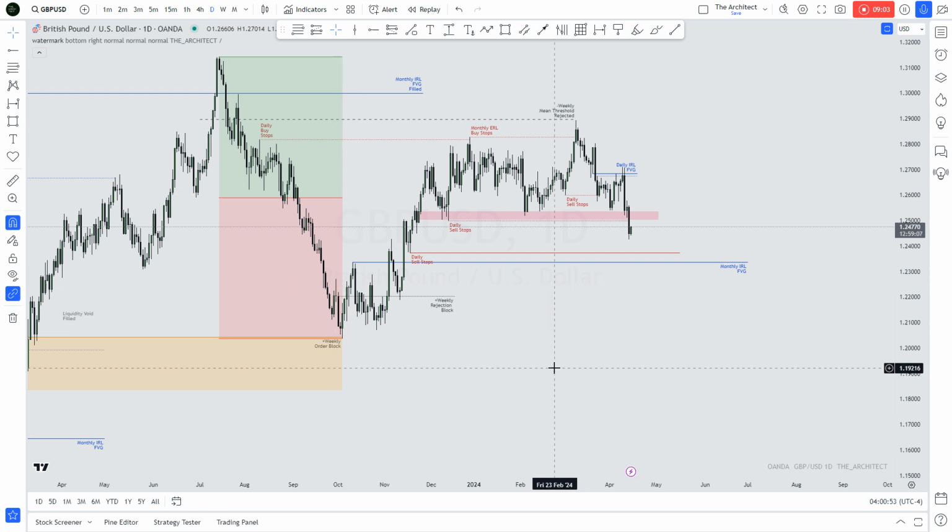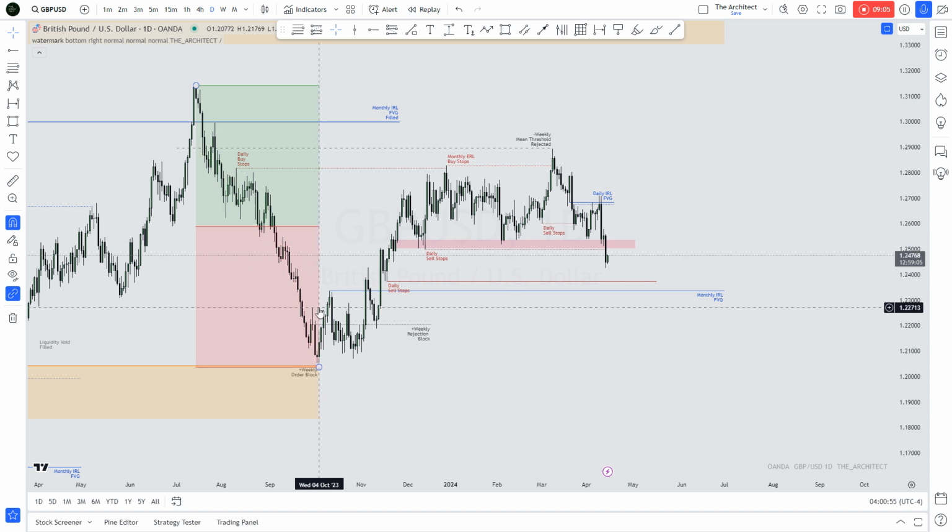Implying that the internal structure of GBPUSD is now starting to switch bullish, right? So we can see as well there's a weekly rejection block over this point, right? So we're rejecting that low over there, and we start switching bullish on the internal structure, right? Meaning your 4 hour, all of those time frames lower than the daily time frame switch bullish.